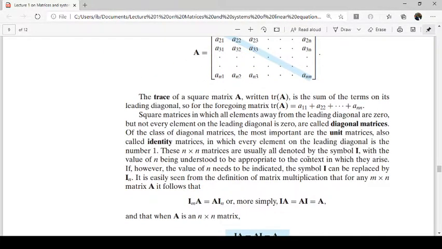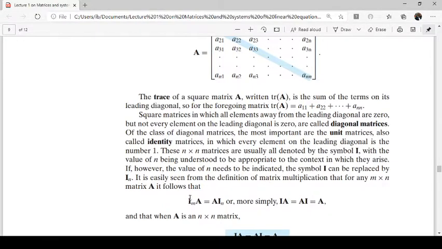Now when you have a matrix where all the elements away from the leading diagonal are zero, but not every element in the leading diagonal is zero, you call such a matrix a diagonal matrix. And when all other elements outside the leading diagonal are zero and the leading diagonal entries are 1, we call such a matrix a unit matrix or an identity matrix.